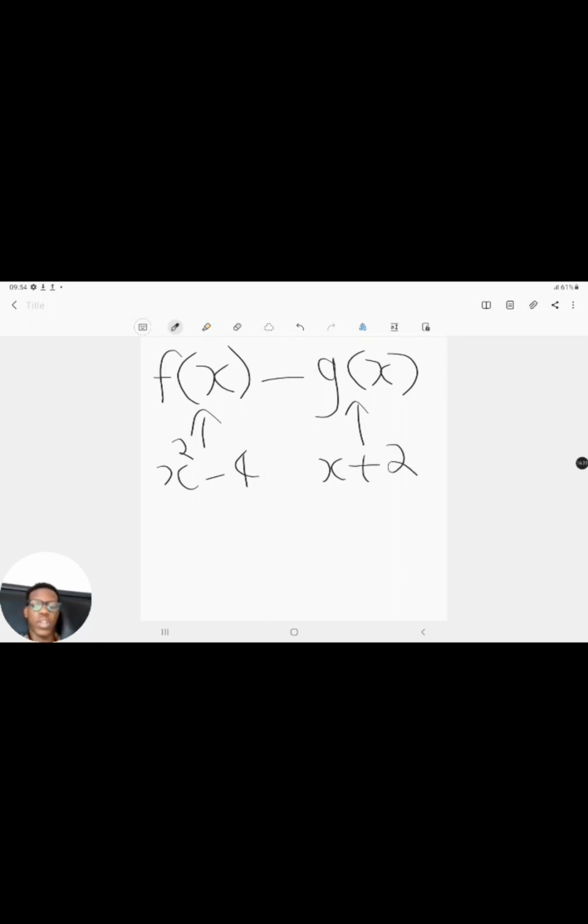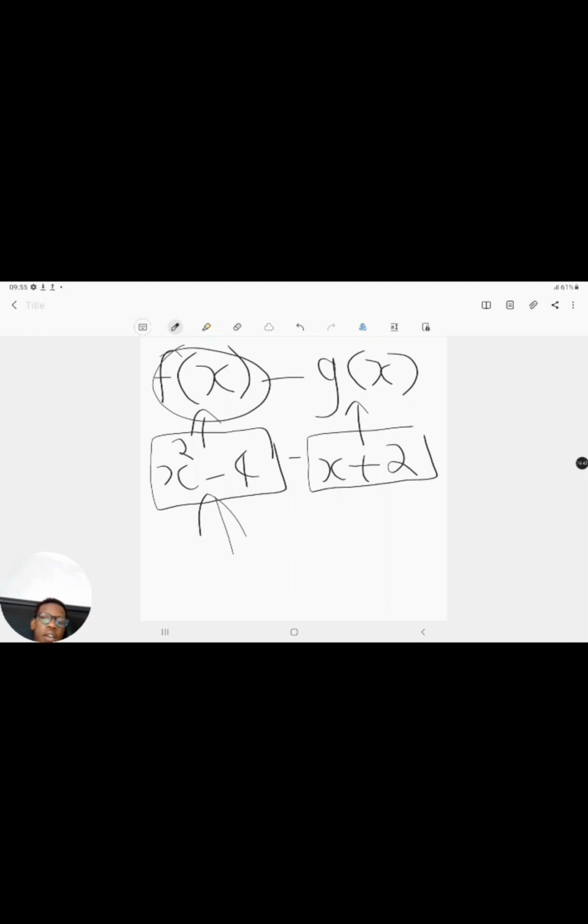Those are given to you. The expression that makes up f of x should be used with the expression that makes up g of x to find the difference. So all you do is add the negative there. You subtract this expression from that expression. That's what this means.